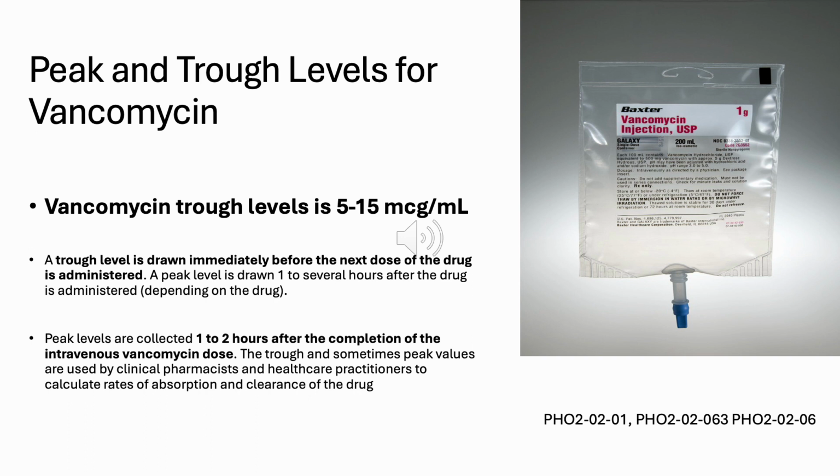So we always want to know what that lab value is before we administer the vancomycin. Once this medication is in that patient's system, if we push them to that toxic level, it can cause a lot of irreversible damage to their kidneys, to their liver, and to their ears. That is irreversible.